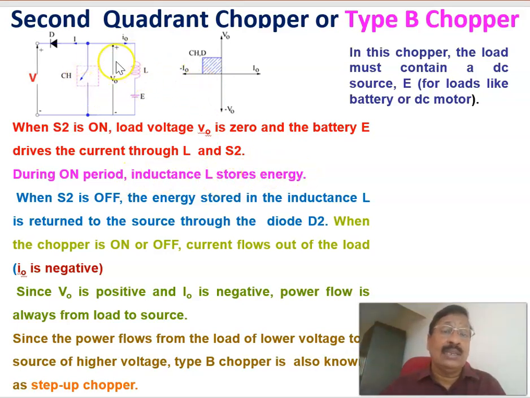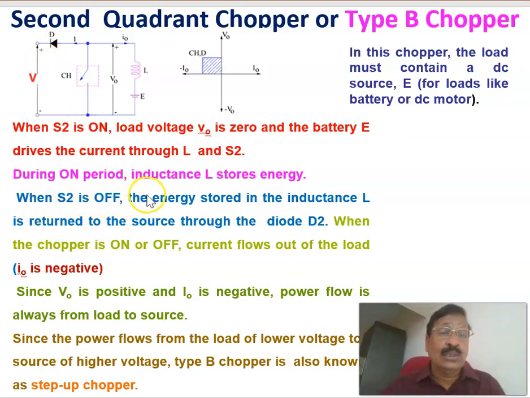That is, when the switch is on, energy is stored in the inductor. And when S2 is off, the energy stored in the inductor is returned to the source through the diode. In order to continue the current as per Lenz's law, here it will become plus and here it will become minus, so the diode gets forward biased, and the energy stored in the inductor returns back to the source through the diode.